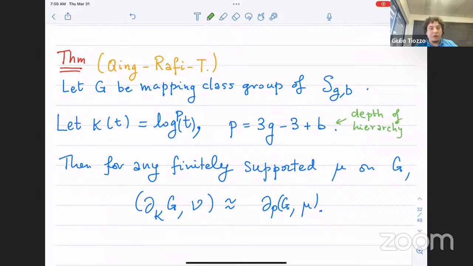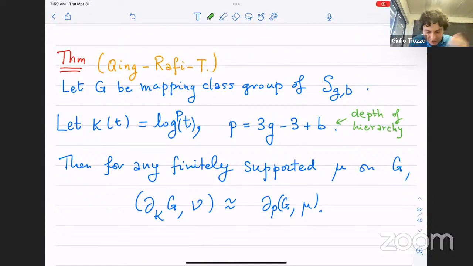So we will use the subsurface projections to prove this result, and you will have to prove some tracking result at every level of your hierarchy, and you get the log out of every level of the hierarchy. And then in the end, you're going to get the power of the log. In fact, from the proof, you will see pretty clearly that basically the same strategy applies, say, for hierarchically hyperbolic groups.